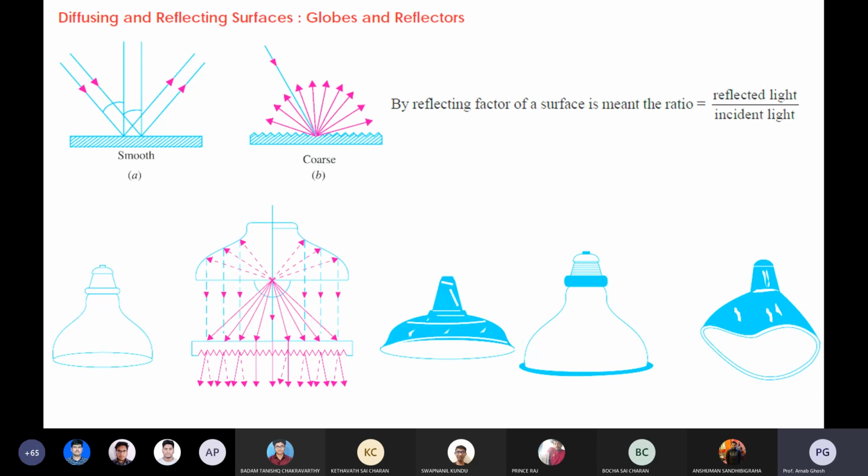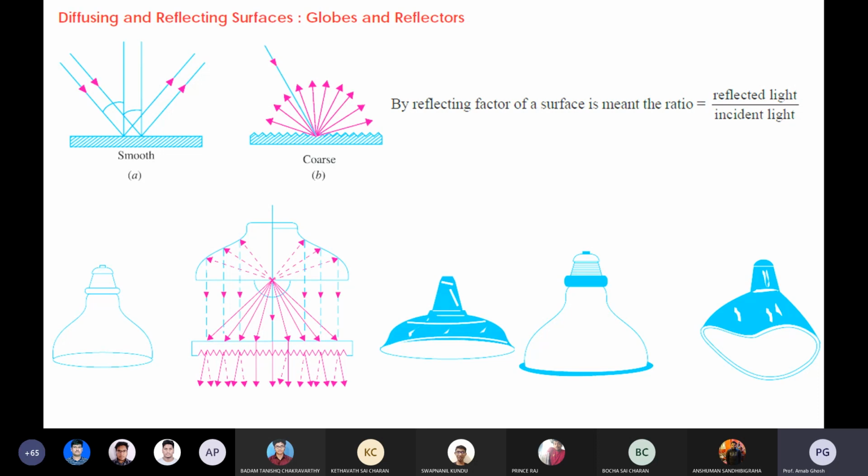Suppose you are pointing or focusing on only one point, and the light is coming directly from that end to that point. Then you are designing the surface in such a manner that it should be a smooth surface, directly, without any change of the line.